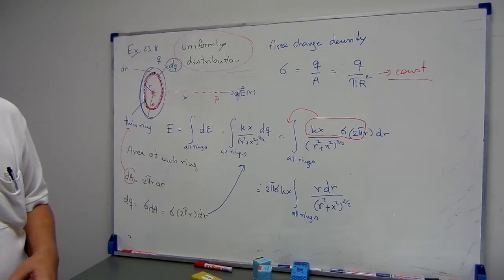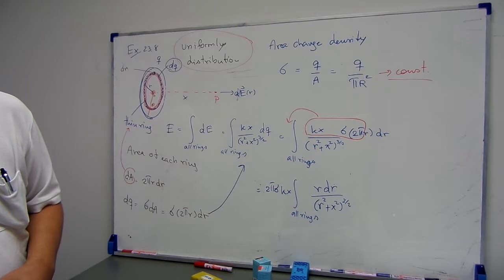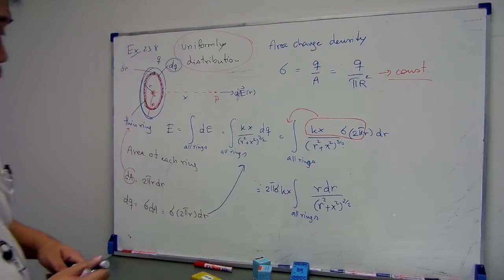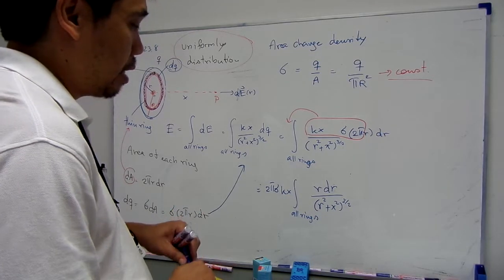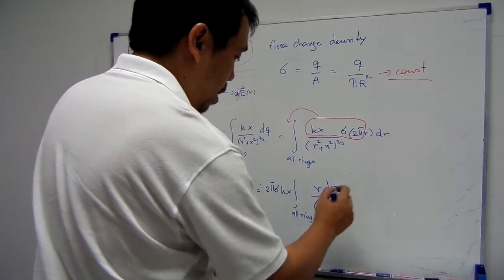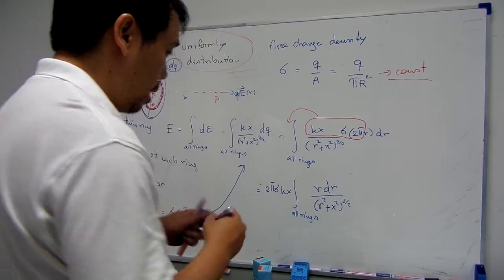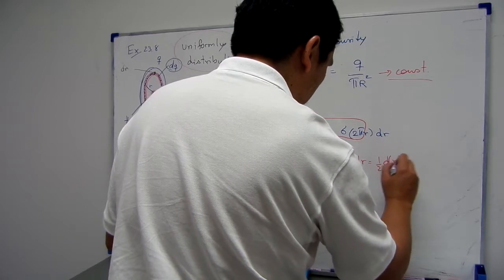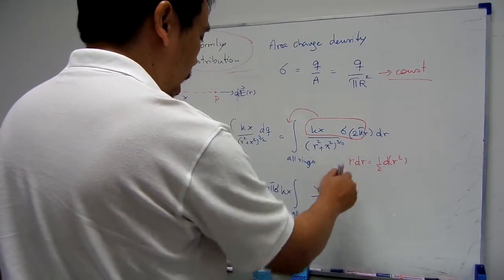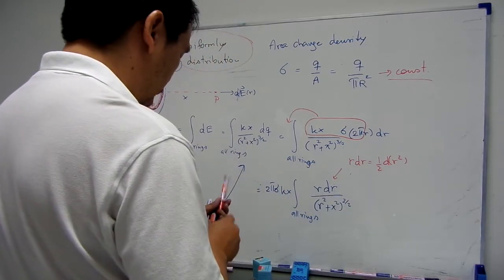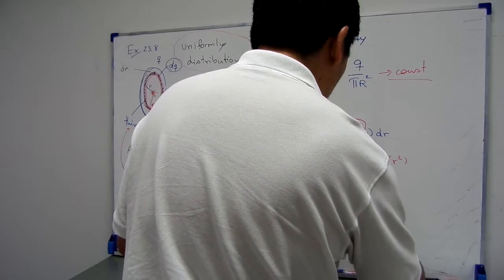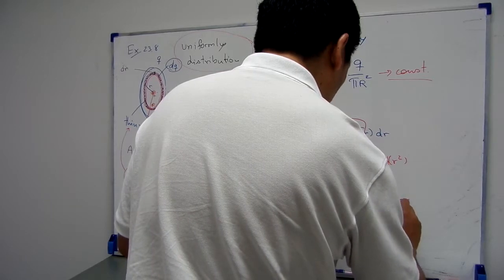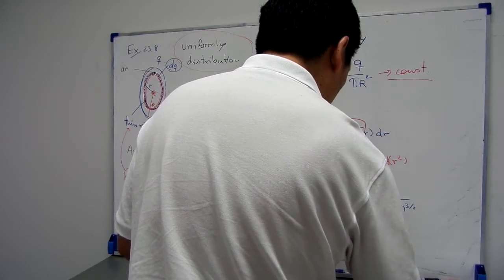What is left is the calculus technique, where we can use the method of changing of variable. From calculus, we have that r dr is equal to half of d(r squared).